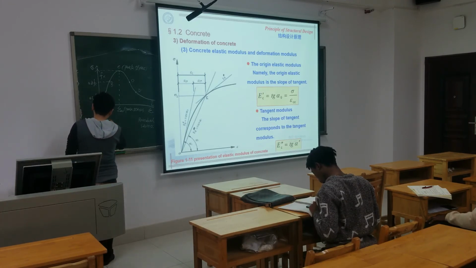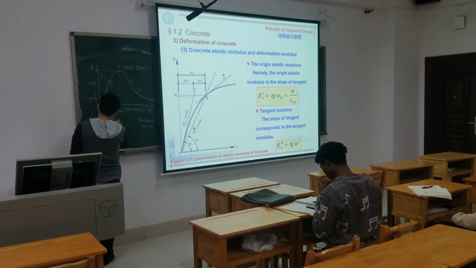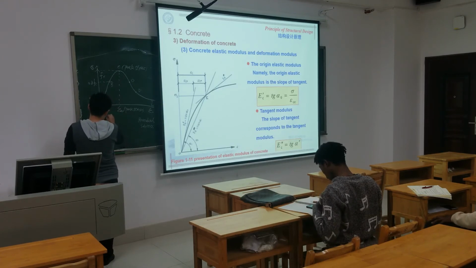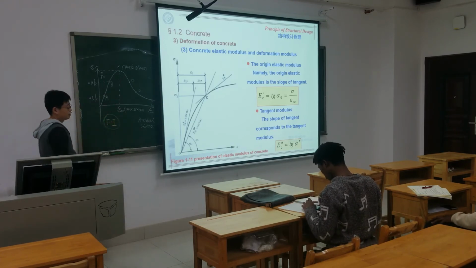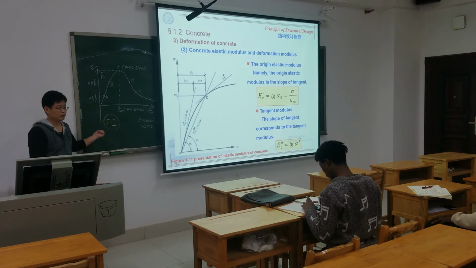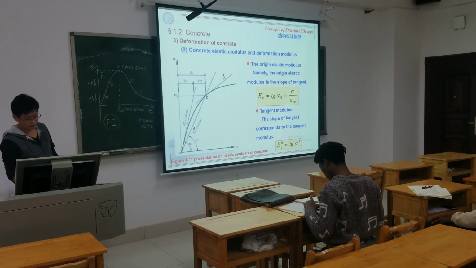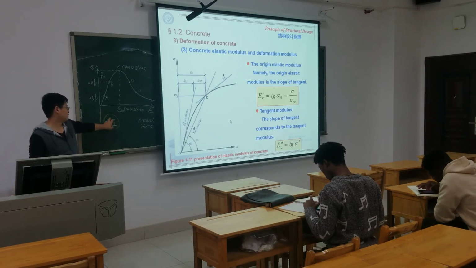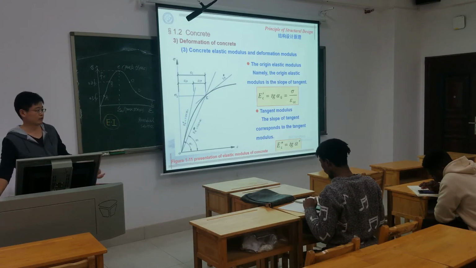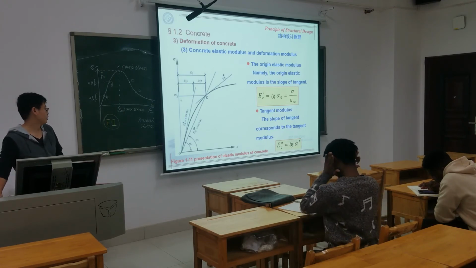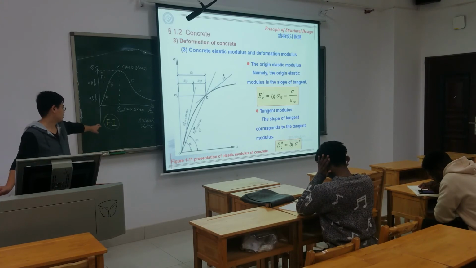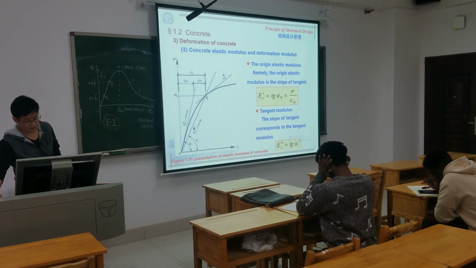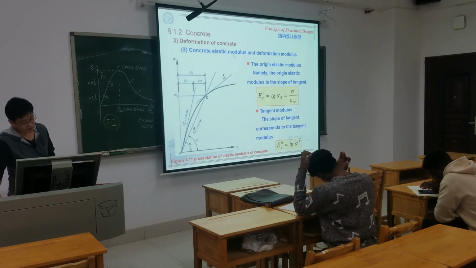E multiplied by I represents the strength of the structure. So how to measure or get the value of E of this material, concrete or steel or other material, that's very important. E, the modulus of the concrete, is the elastic modulus. Given the method, you can give the value.